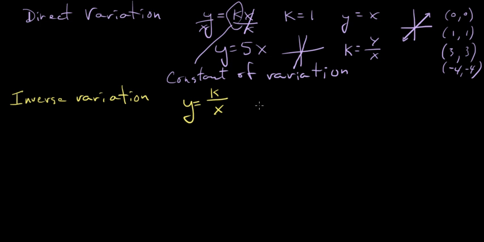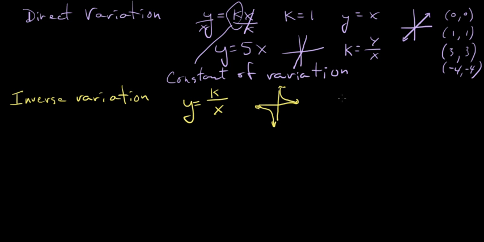If you look at the graph of y equals k over x, because you have x in the denominator now, x cannot be equal to 0, and so your graph looks a whole lot different. It looks kind of like this, and like this. We'll do more of that in a couple minutes, but this is what the graph looks like.